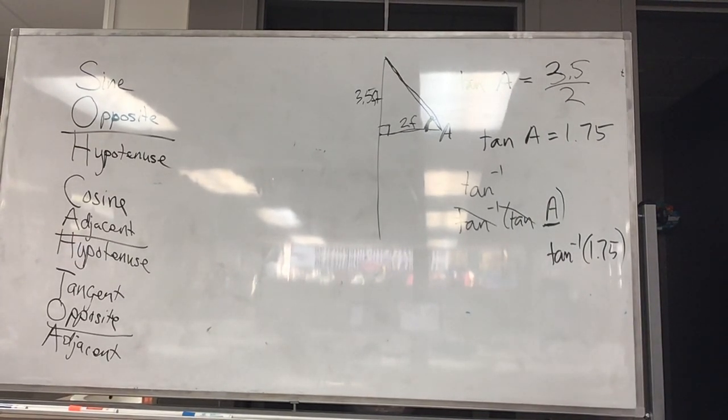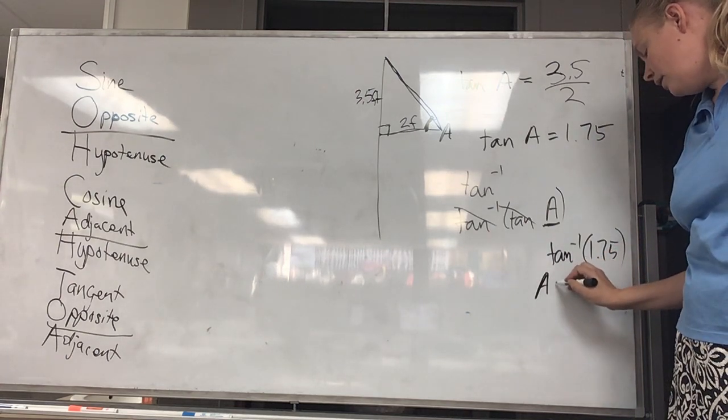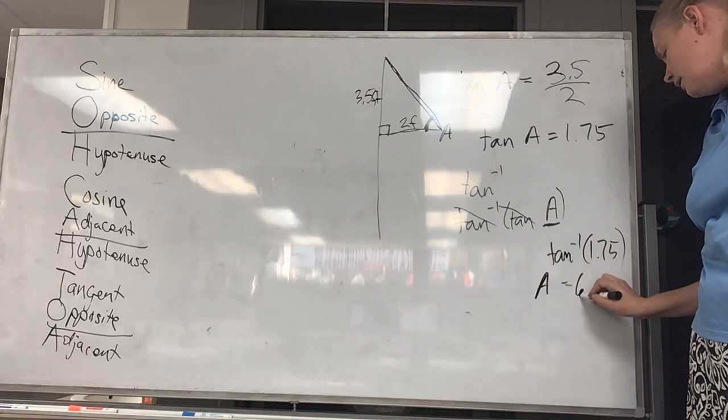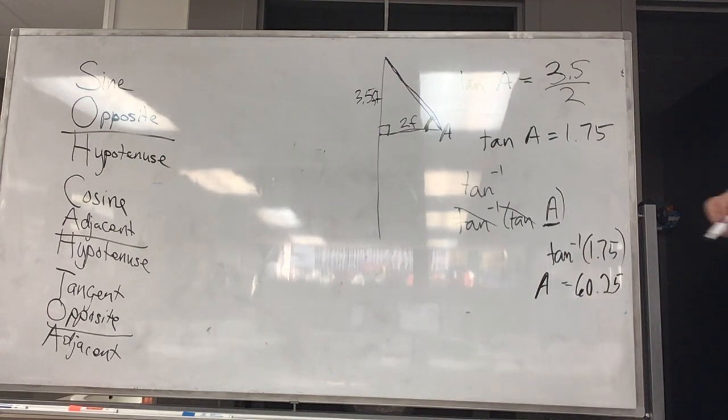I don't have a calculator, so what is it? 60.25. All right, so our angle A is 60.25.